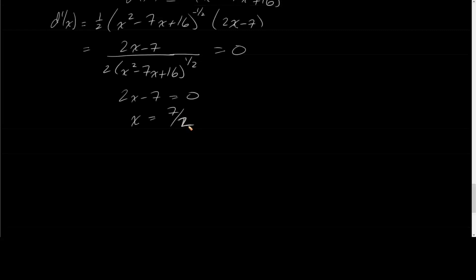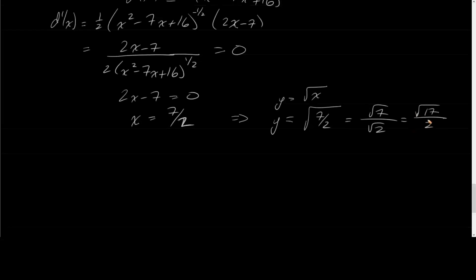So what's the value of y? Well, recall that y was the square root of x. So in here, y is going to be the square root of 7/2. I'm going to rewrite this as radical 7 over radical 2, just so that I can rewrite it again as radical 14 over 2 by rationalizing it.